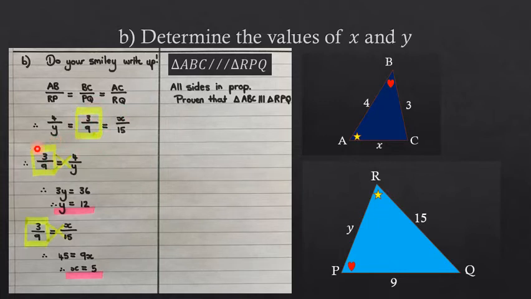So you're going to write it down, 3 over 9 is equal to, here I've just worked out y first, is equal to 4 over y. So now we're going to cross multiply. So 3 times y is 3y is equal to 9 times 4 is 36. Okay, let me do it again. Write down your key and let's do y first.